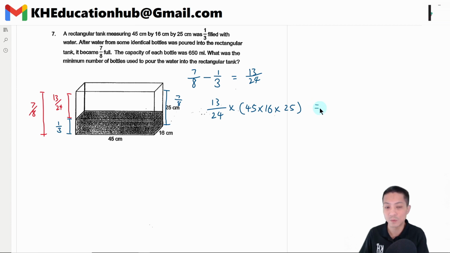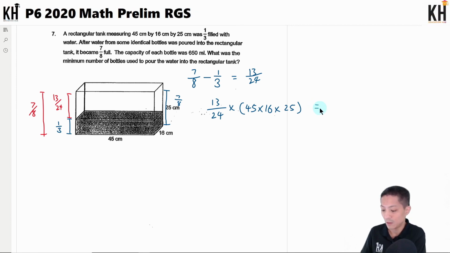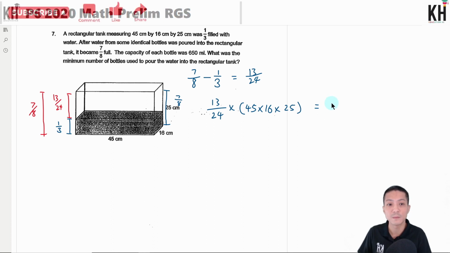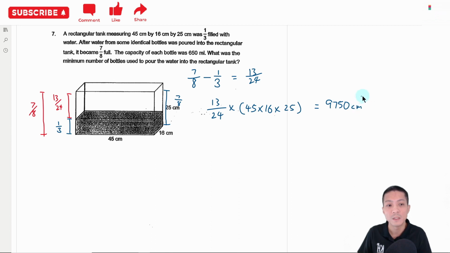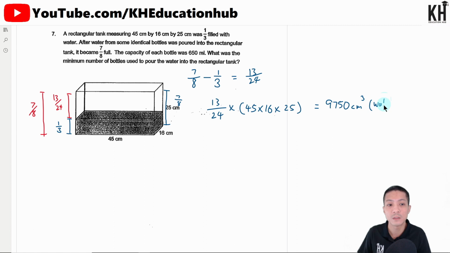Okay, so this will give me 5 times 16 times 25, 9750 cm cube. Okay, so this is the water from the bottles.